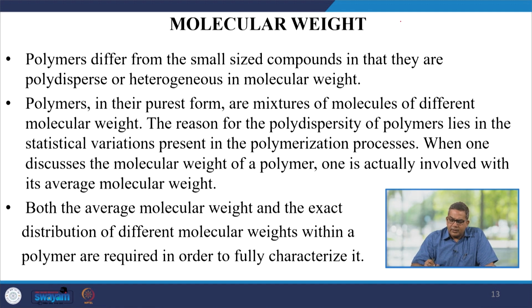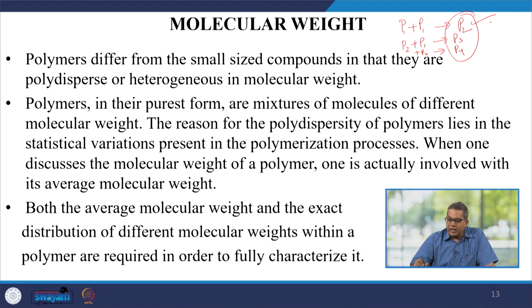Suppose we start like this: this is my monomer, and if it reacts with another monomer, it forms, say, P2, like P1 and P2. This P2 may react with either P1 or it may react with P2. So, it may form either P3 or it may form P4. This contributes to the reaction mass.